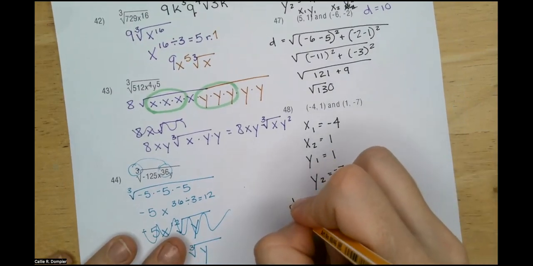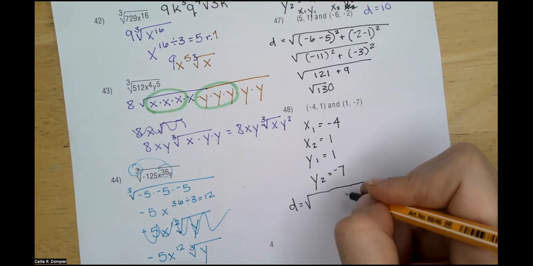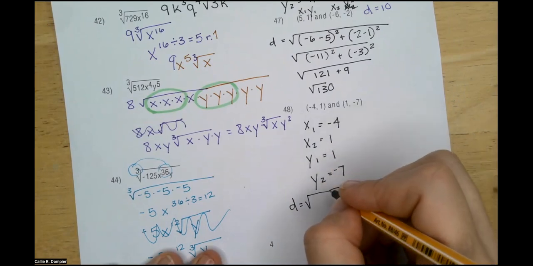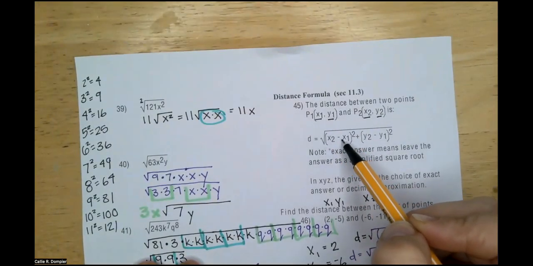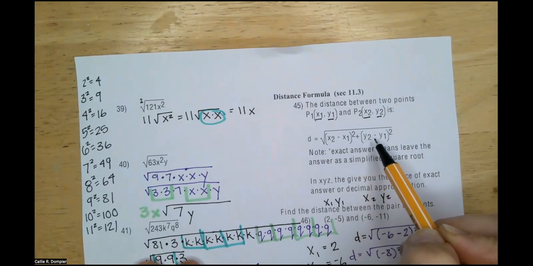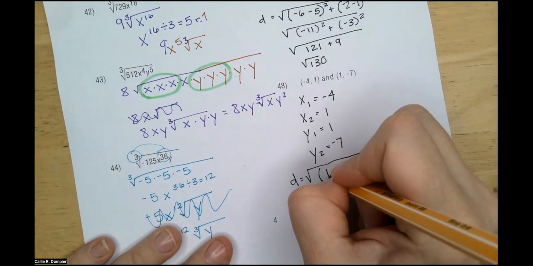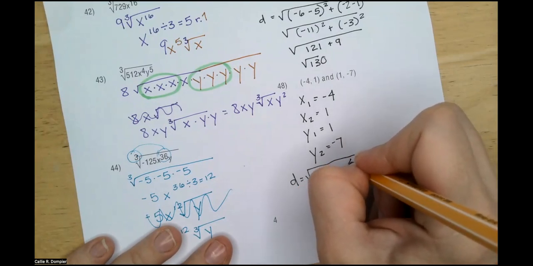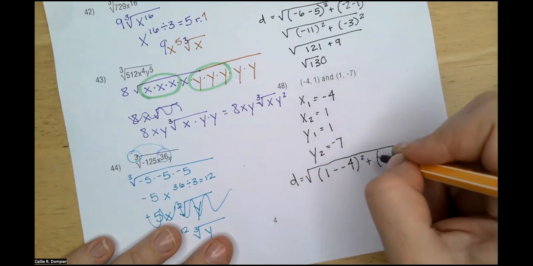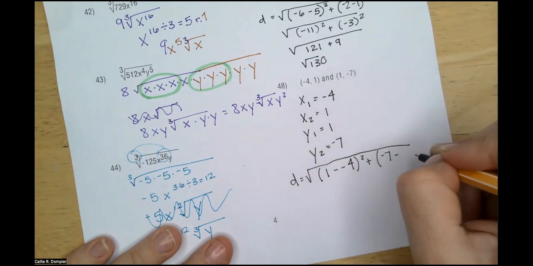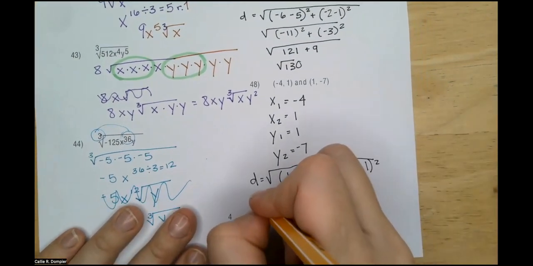And then the distance formula is x2 minus x1 quantity squared plus y2 minus y1 quantity squared. We good? We good. All right.